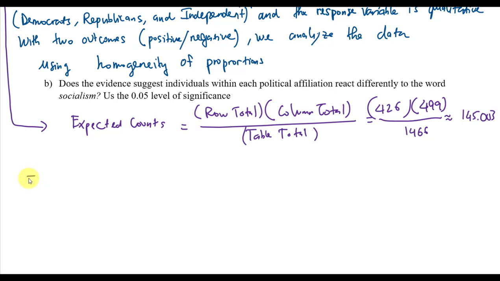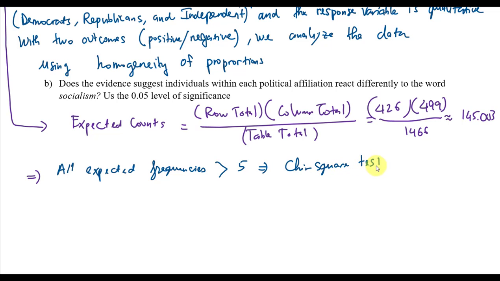So make sure that we check all expected frequencies are bigger than 5, so the chi-square test is satisfied.